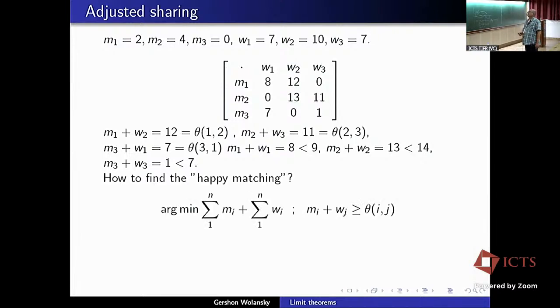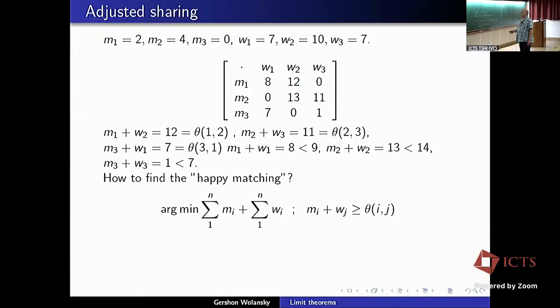Okay, so how to find this happy matching? What we do is just look for all possible cuts of men and women, so that Mi plus Wj, the sum of them, will be at least theta ij, the mutual reward.